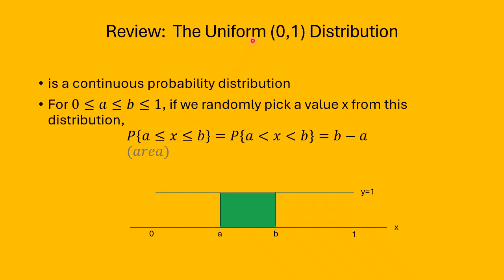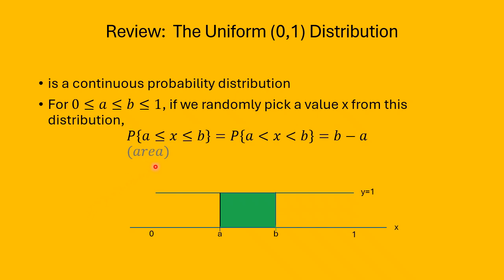So the uniform 0-1 distribution is a continuous probability distribution, and its PDF, remember, is 1 if x is between 0 and 1, and out here past 1 and over here past 0, the function is just 0.